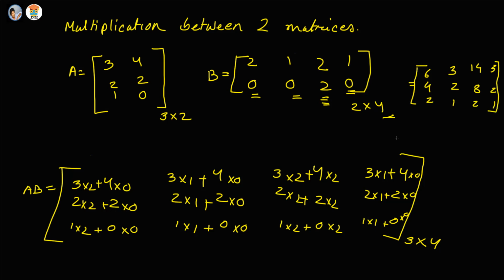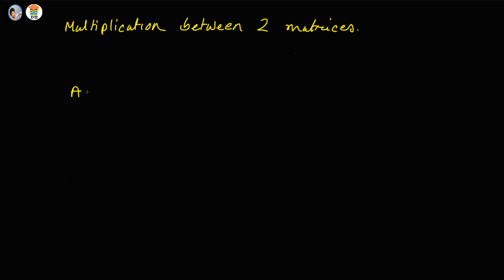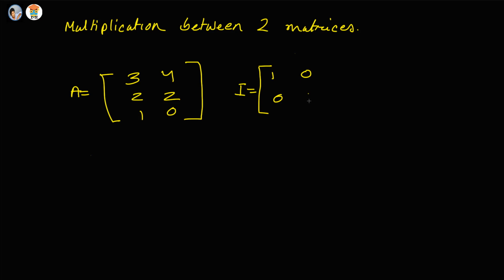If we do another example, here we have A equal to 3, 2, 1, 4, 2, 0, and I, which is an identity matrix, which is equal to say 1 0 0 1.